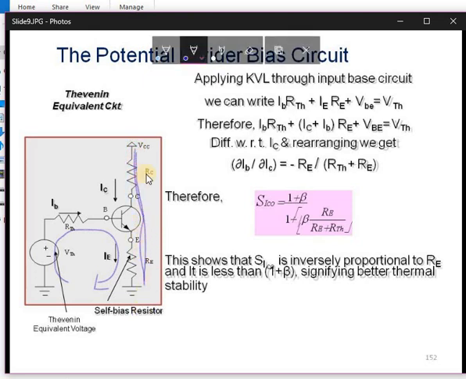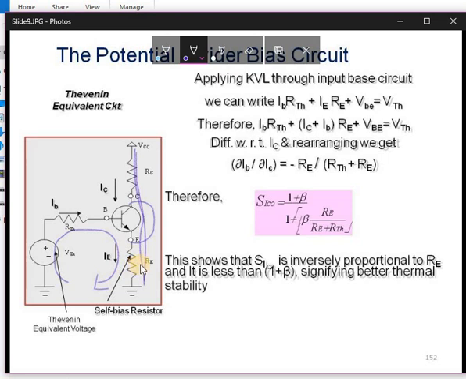Then the collector current IC equals VCC minus VCE, where VCE is the voltage drop between collector and emitter, divided by the sum of the resistances, RC plus RE.